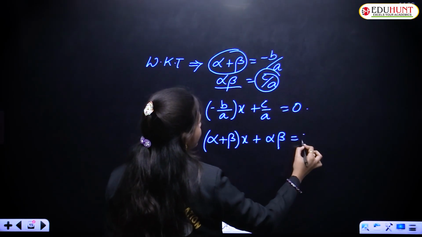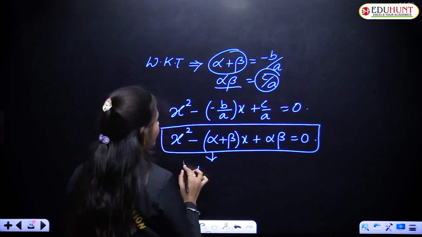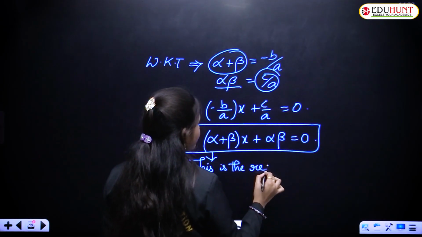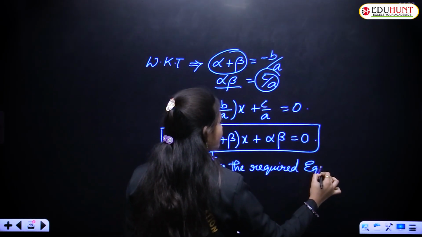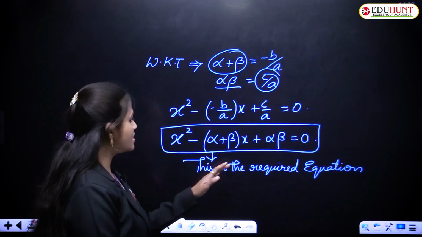So alpha beta is equal to 0. So this is the equation, this is the required equation. Understand? So this is the required equation.